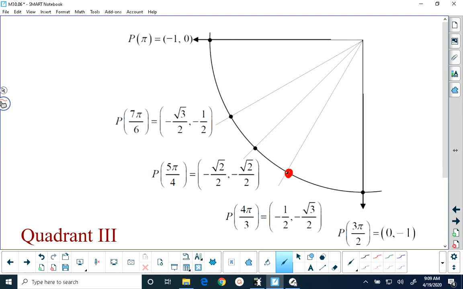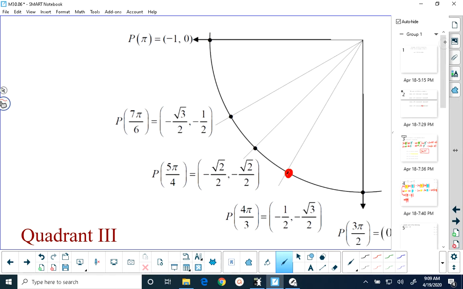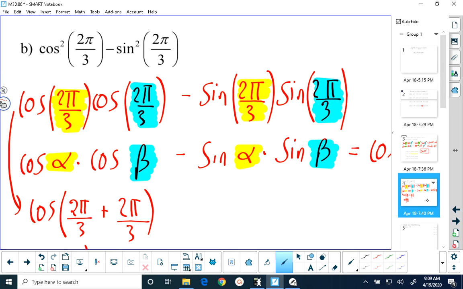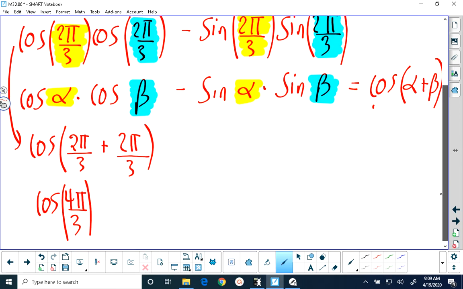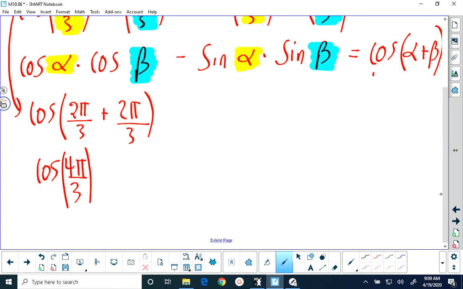And the cosine, of course, on the unit circle is equal to the x coordinate, which means that the answer is negative 1/2 if we wanted to actually come up with a value for the expression. It turns out in the question, I believe we were just asked to write it as a single trigonometric expression, so we don't have to calculate it, but this does happen to be equal to negative 1/2.